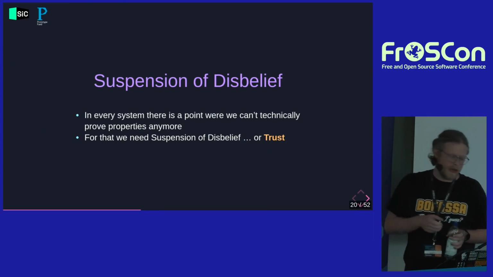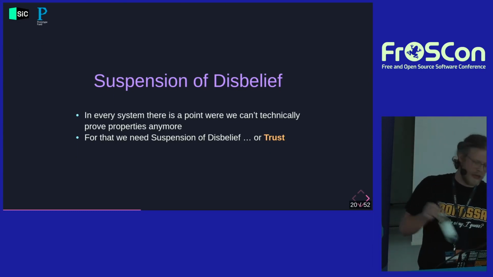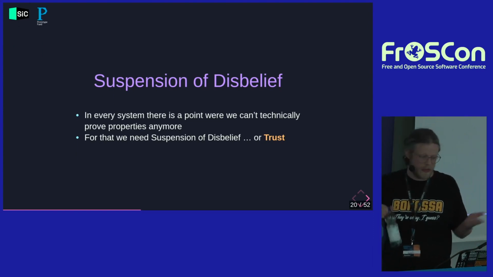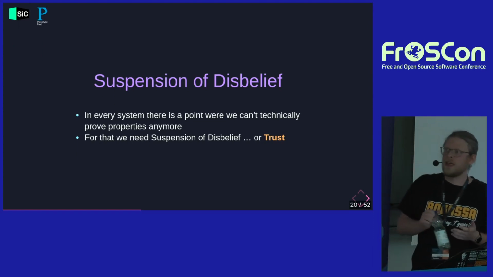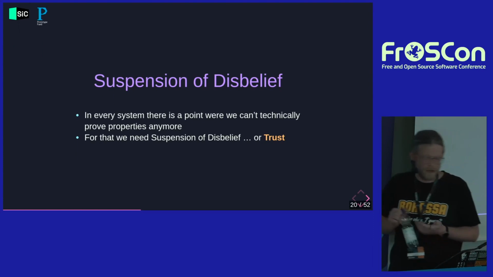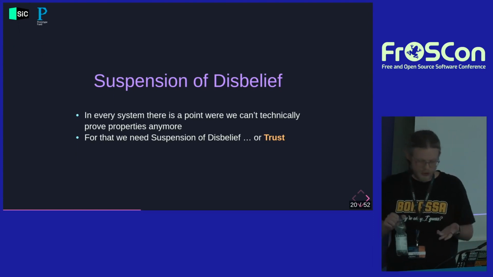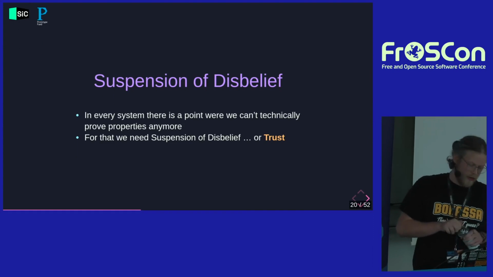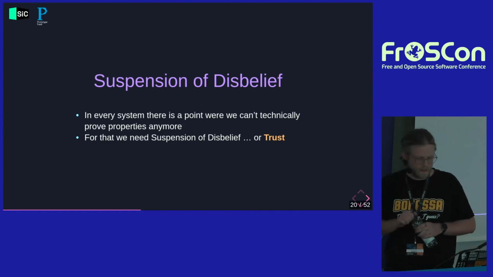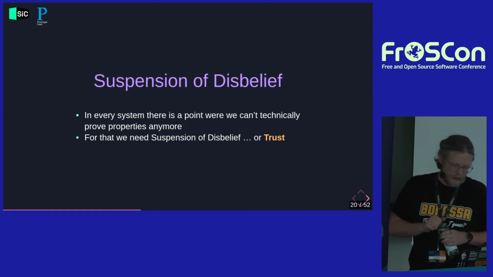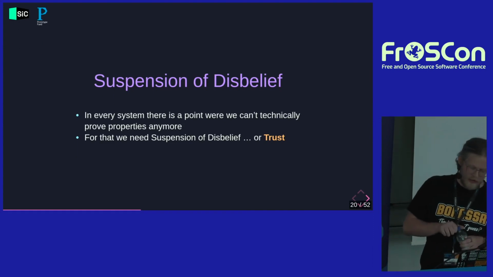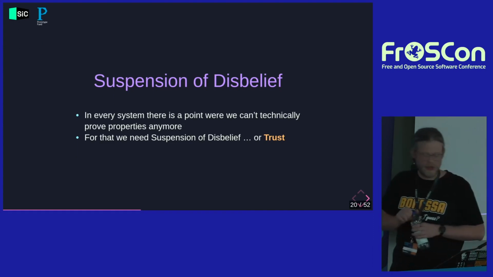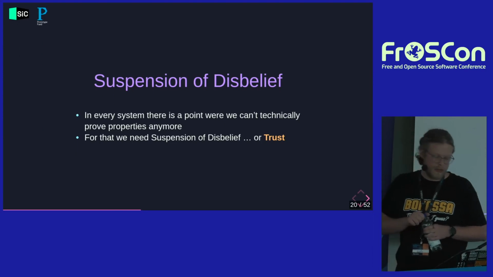That can be because we had to prove the existence of some processes people had to do, or we have to prove that people won't make mistakes, or we have to prove that a person is not malicious. Another version could be that verifying the correctness would just be too expensive. And at this point, we need this basic form of trust and the acceptance of the unknowability and the unprovability.